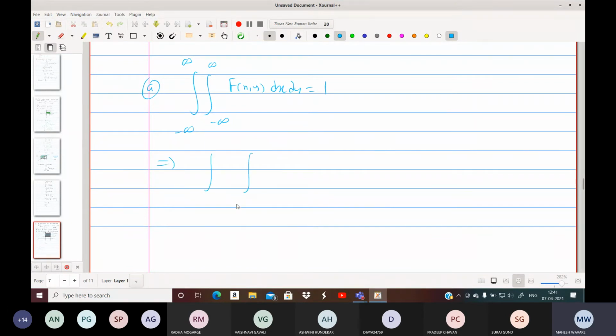But you have written x equal to 0 to 2 and y equal to 1 to 4. So in this region the function has this value. You are integrating with respect to x first and then with respect to y. So this is always 1.